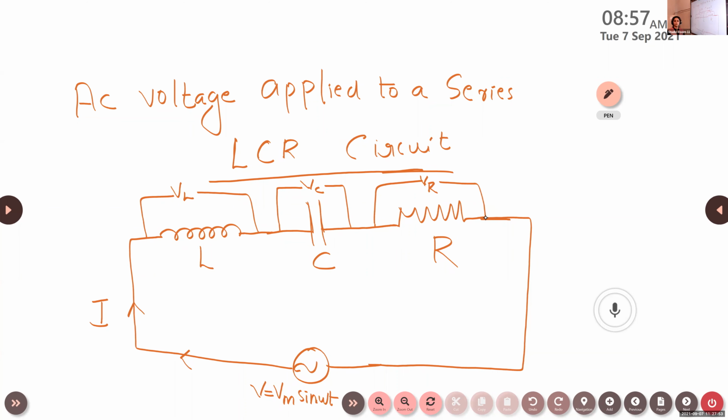Since it is a series combination, the current flowing through all the electrical components will be the same, but the potential difference is different.